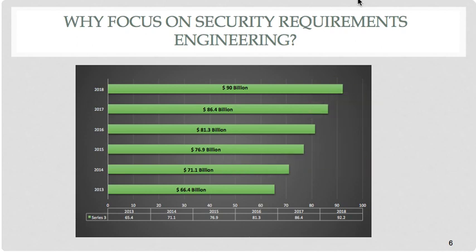This figure shows the value of yearly spending on IT security, which shows an escalation of around 8% annually. From 2008 to 2013, it increased every year, and this must be stopped.